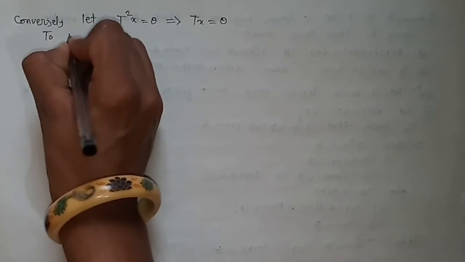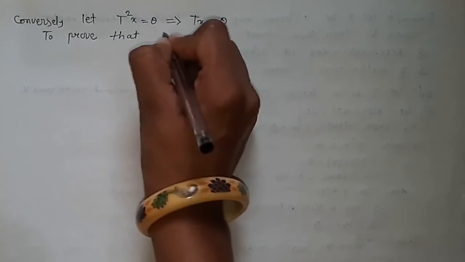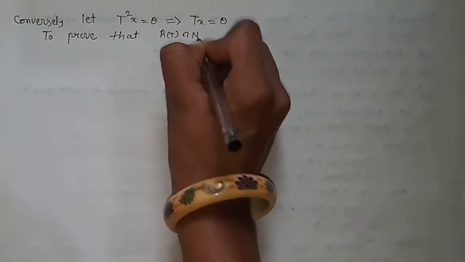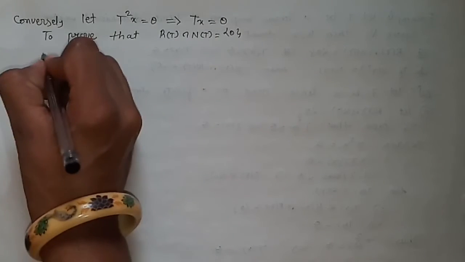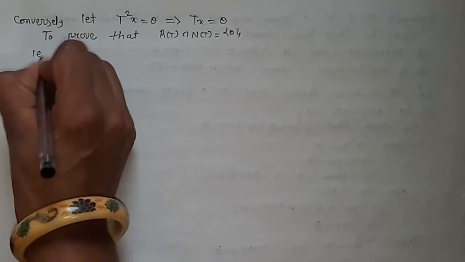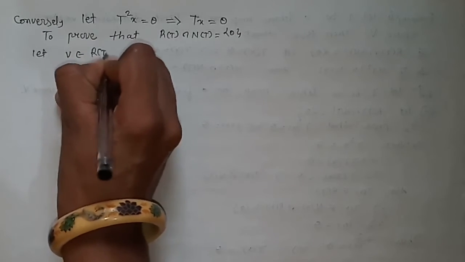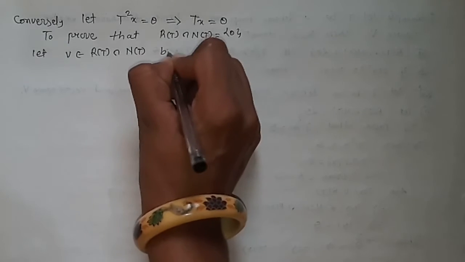to prove that intersection of range and nullity is zero element. So first we will consider any element. Let V belong to R of T intersection N of T be arbitrary.